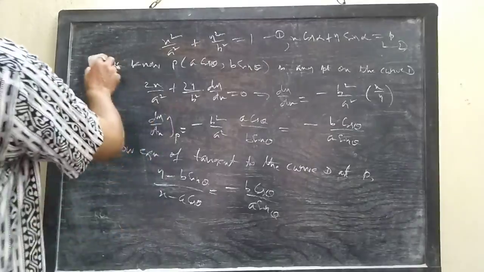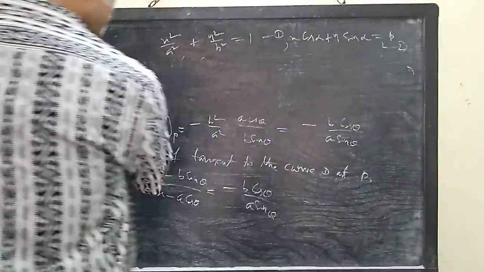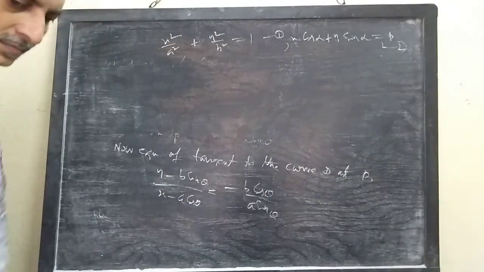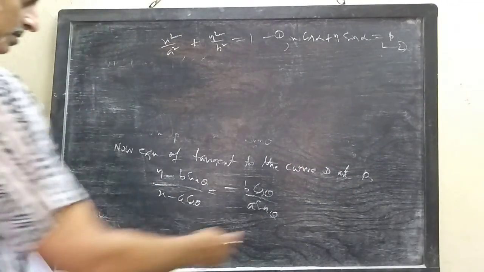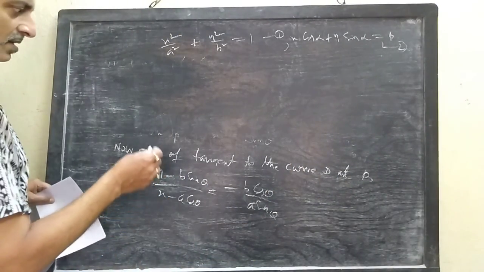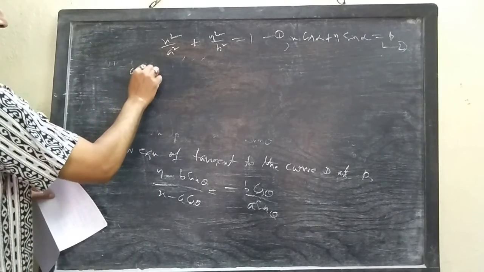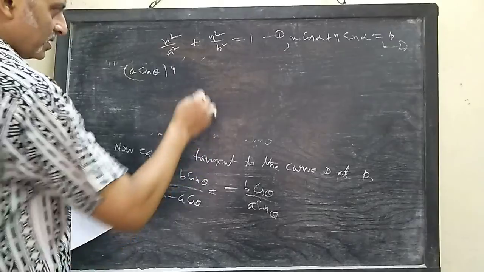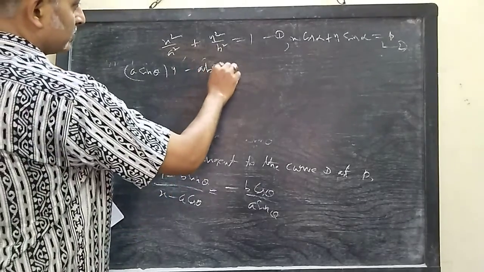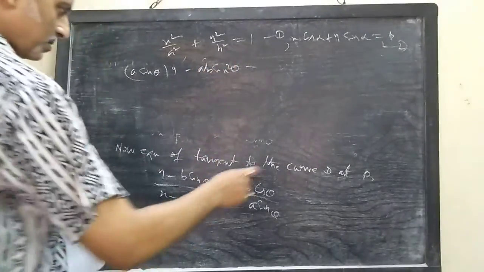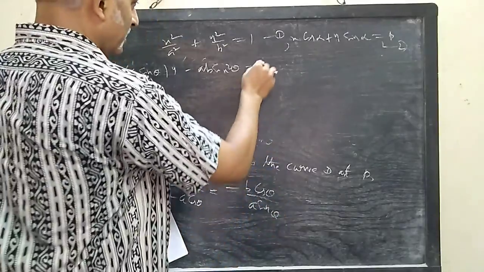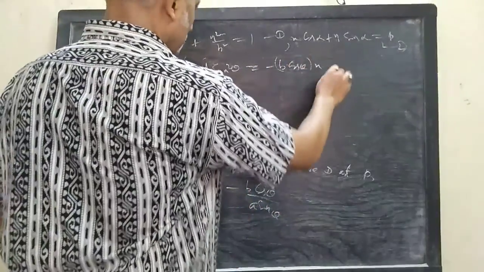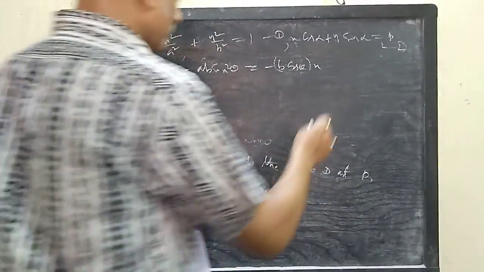Now let us erase this part. Just multiply it: a sin theta y minus ab sin square theta is equal to minus b cos theta x plus ab cos square theta.